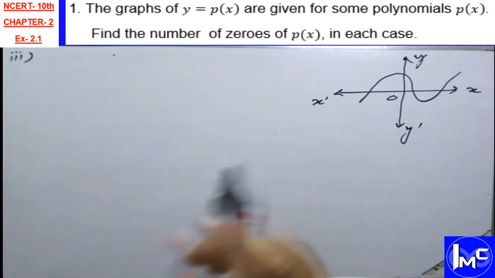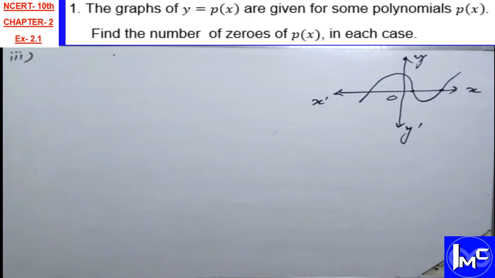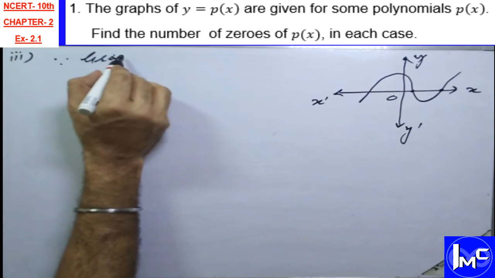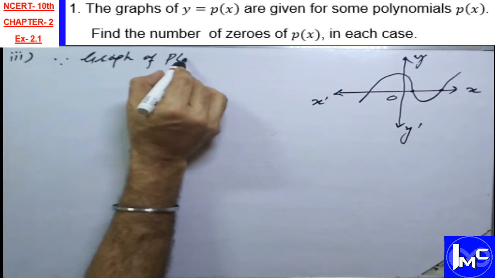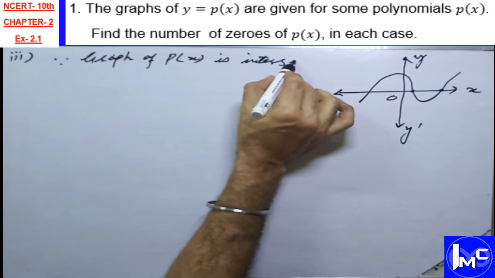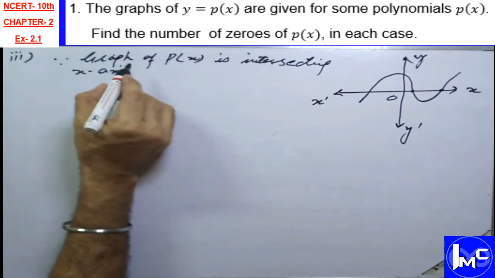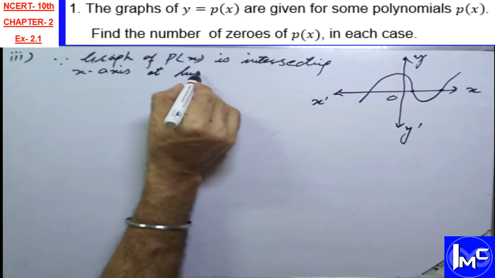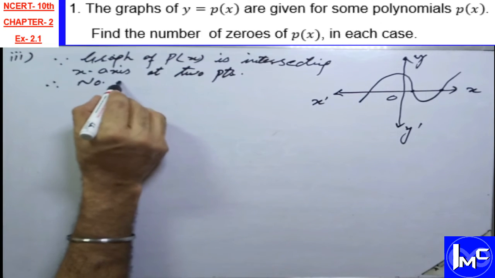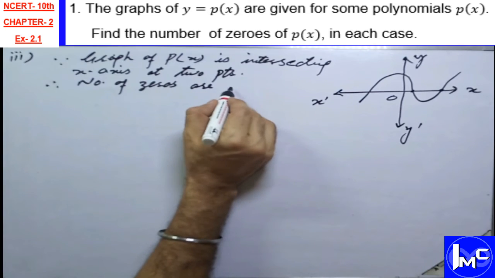And you see this graph is intersecting the x-axis at 2 points, so the number of zeros will be 2, because the graph of polynomial p(x) is intersecting the x-axis at 2 points, therefore the number of zeros is 2.